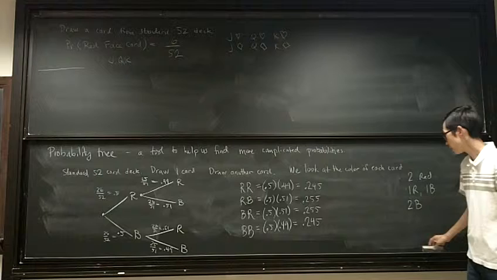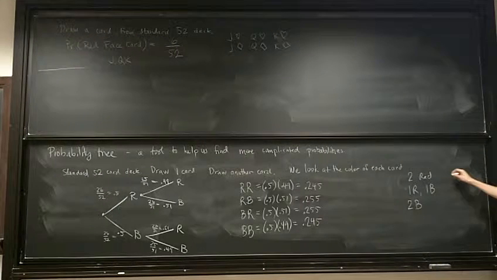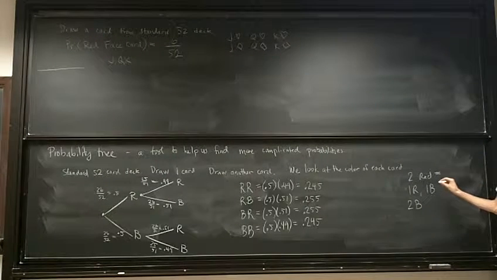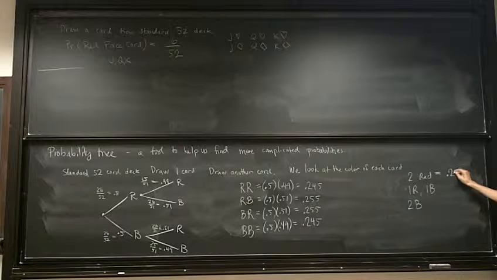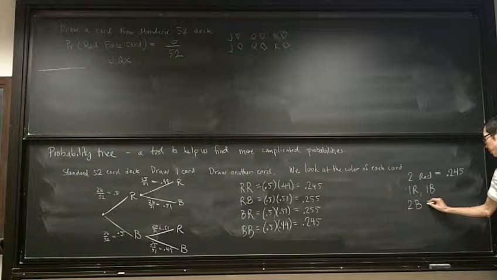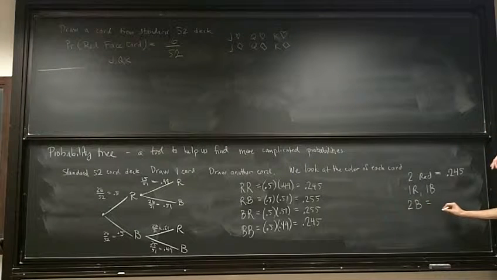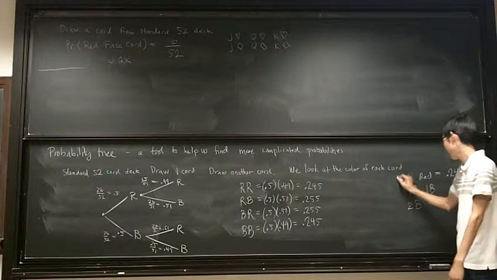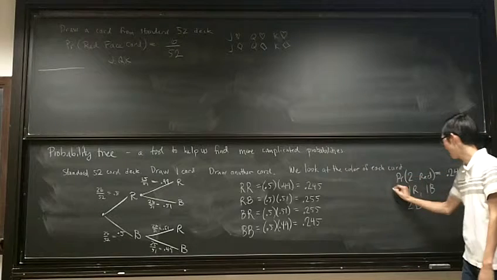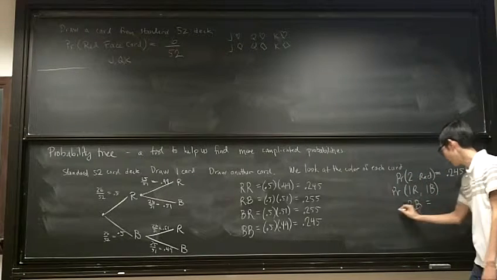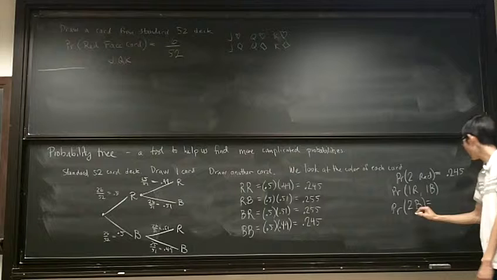Okay. So, what's the probability of getting 2 red? 0.245. What's the probability of getting 2 black? 0.245. So I'm breaking my own rule here, right? I've got to put probability. 2 red doesn't equal 0.245.